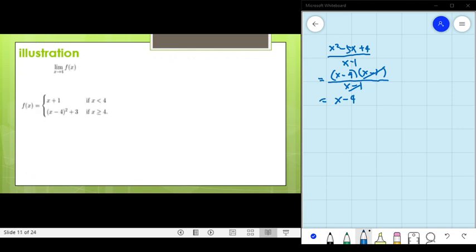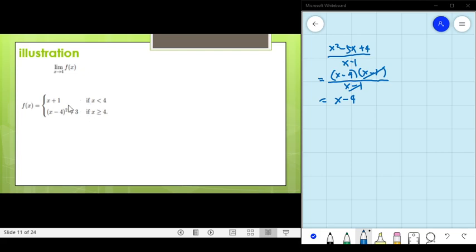Okay, next illustration. We have the limit of f of x as x approaches 4, if f of x is equal to x plus 1 if x is less than 4, and the quantity x minus 4 squared plus 3 if x is greater than or equal to 4.